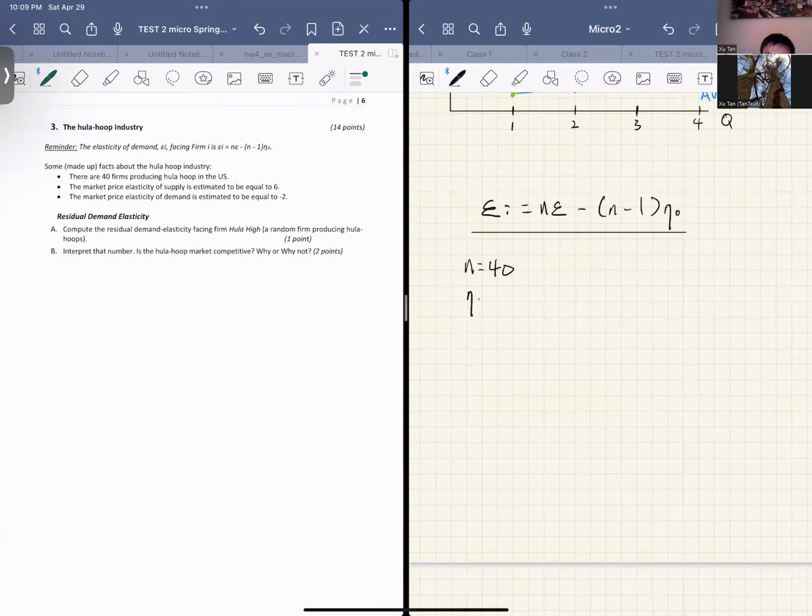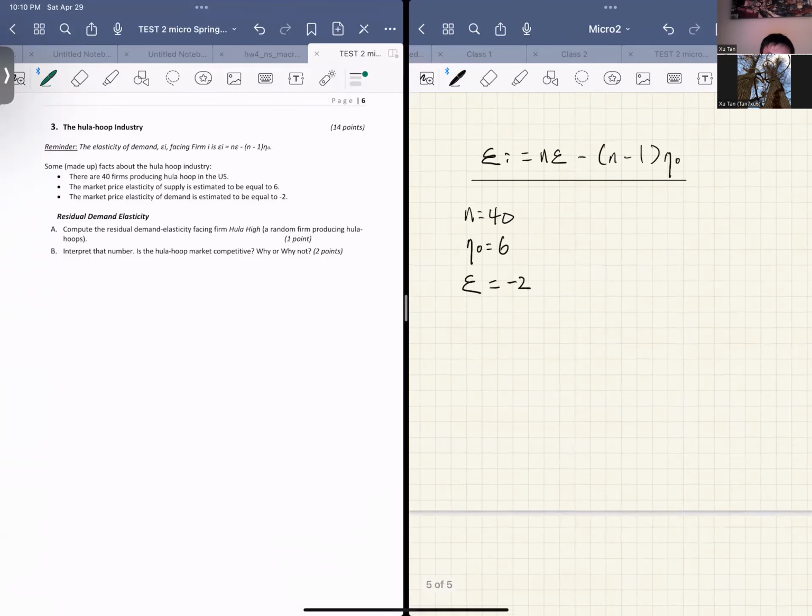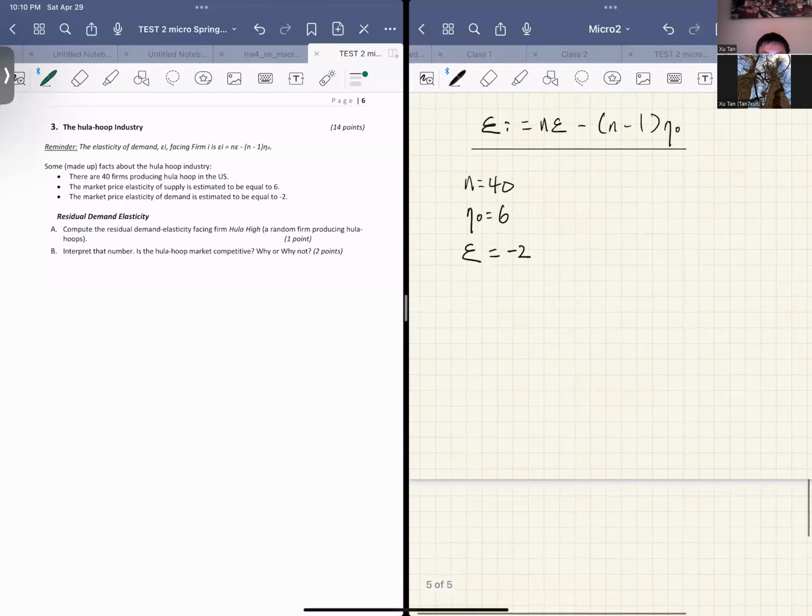So market supply elasticity is 6, market demand elasticity equals -2. So we're trying to find the individual firm's demand, right?